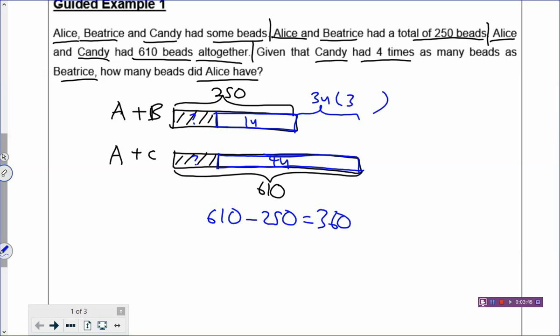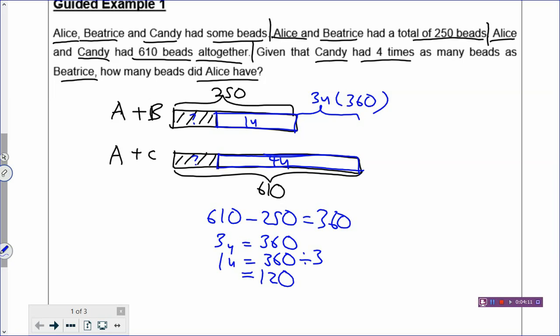That's how you get the differences. So now you can see that your 3 units is equal to 360. So your 1 unit will be 360 divided by 3, so 1 unit is 120. When you draw a model, one of the good ways to help you work out the steps is to look for differences.